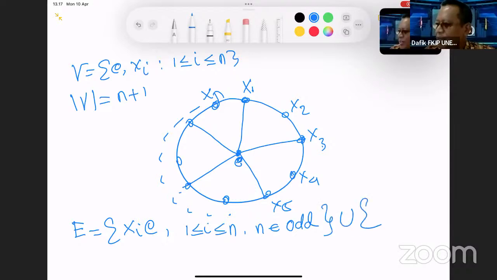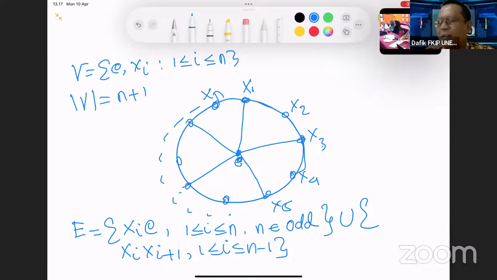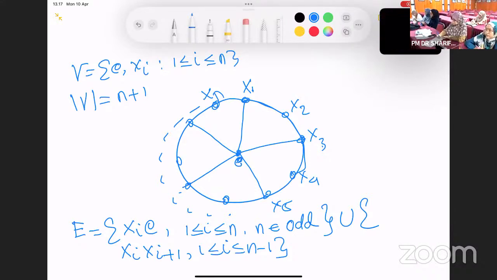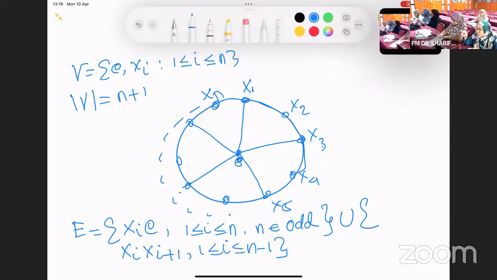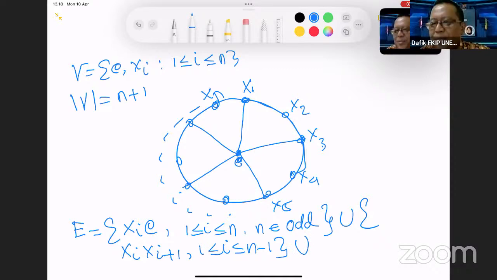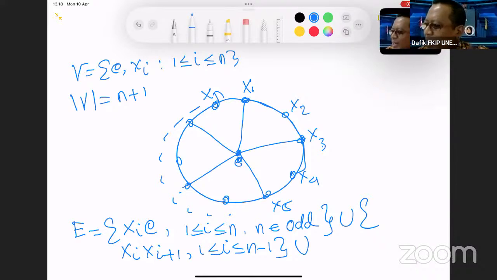Union again. Union x_i x_{i+1}. What is still left?